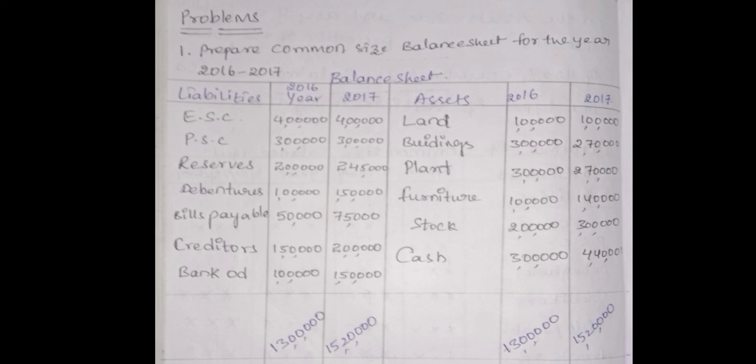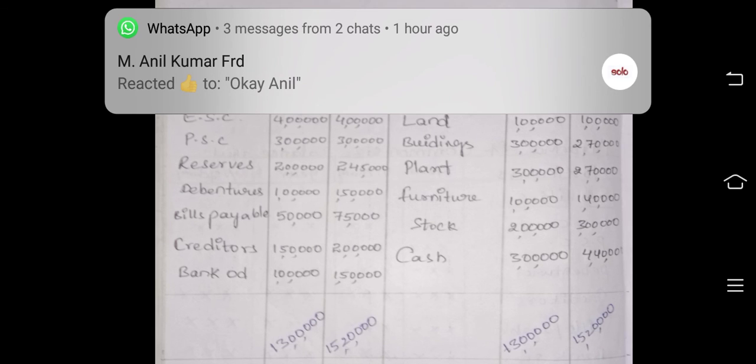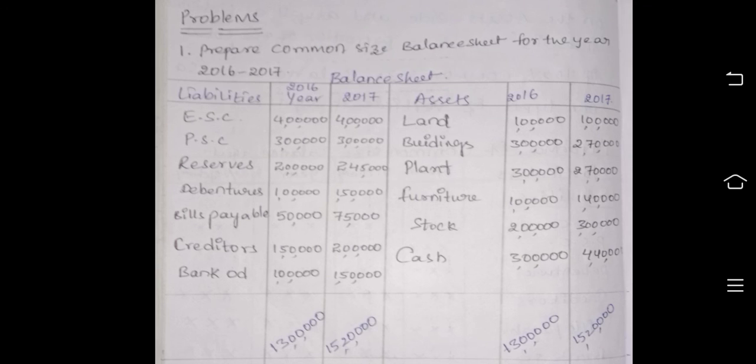Long term liabilities and current liabilities are also given here. Next, in the assets column, fixed assets and current assets are also given. This is the balance sheet of X Limited, though no name is mentioned.